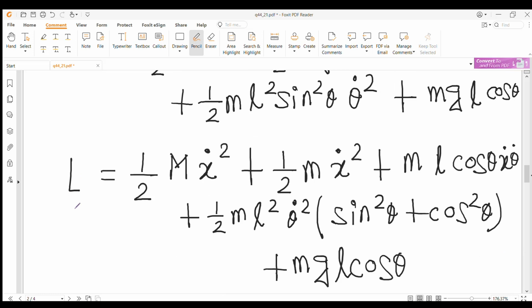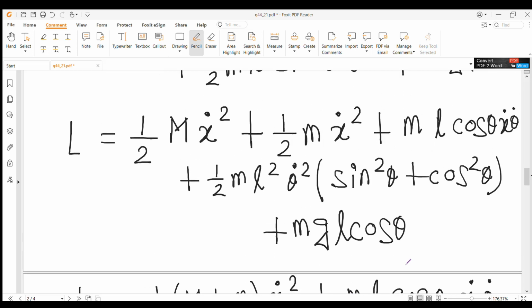After some simplification, this Lagrangian L can be written as half into capital M into x dot square plus half into small m into x dot square plus ml cos theta into x dot into theta dot plus half into small m into L square into theta dot square into sine square theta plus cos square theta plus mgl cos theta. Here sine square theta plus cos square theta is equal to 1.